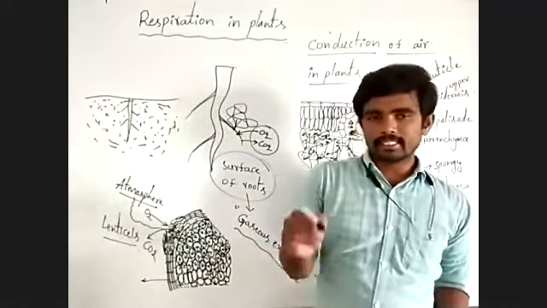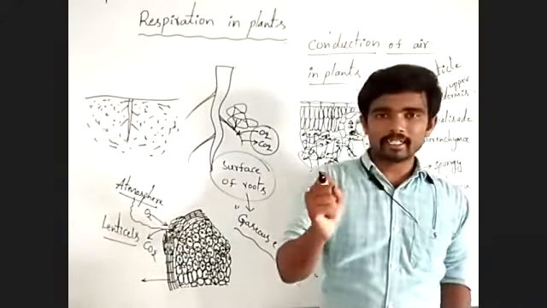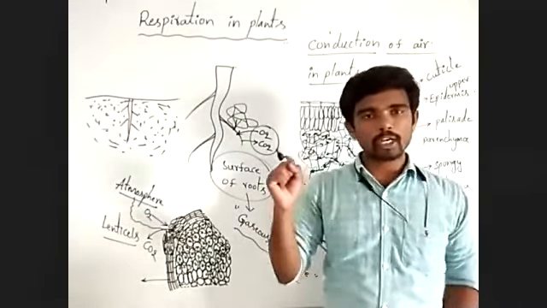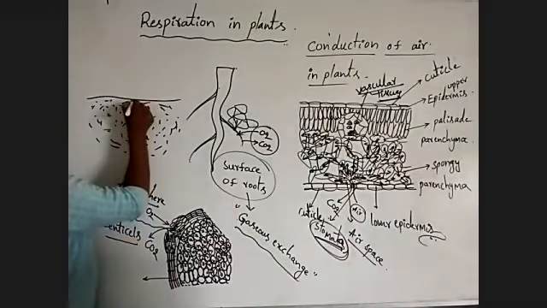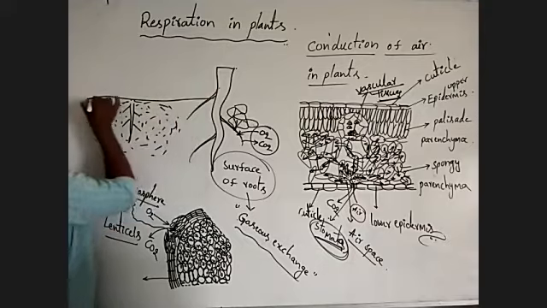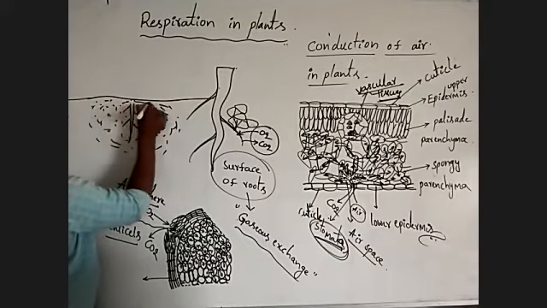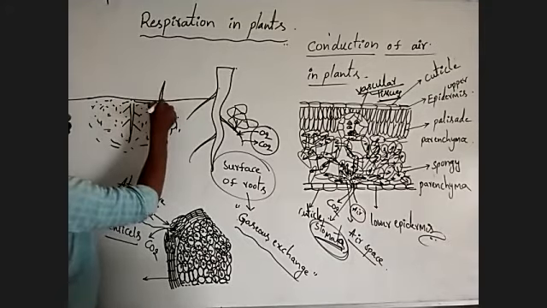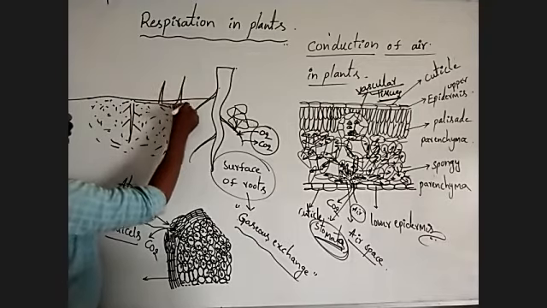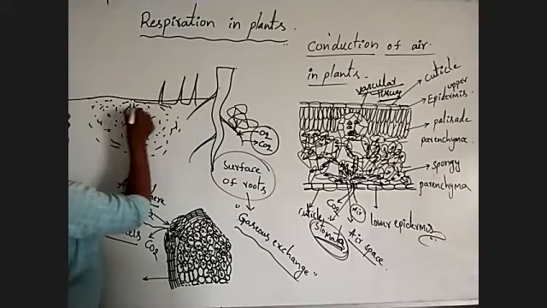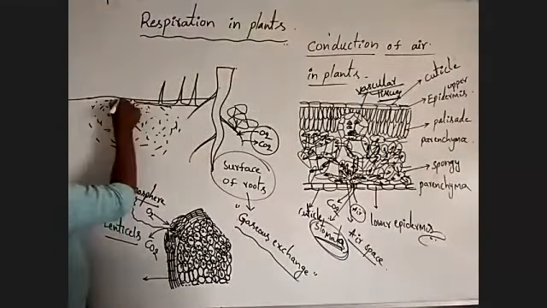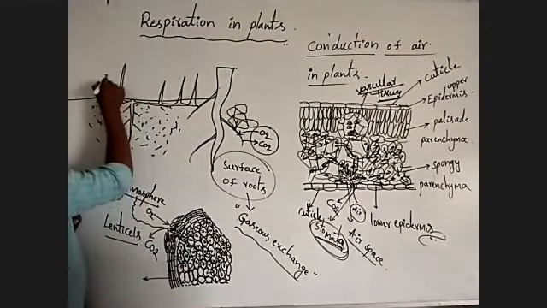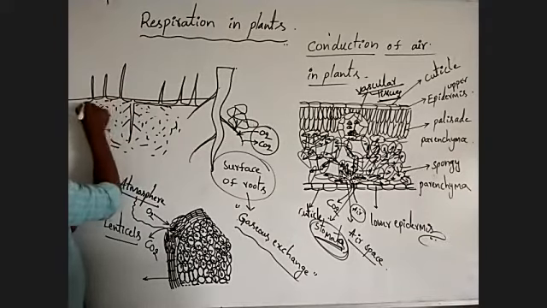In such conditions, to absorb the oxygen, the root system forms some vertical roots above the soil. Like this, some vertical roots above the soil.